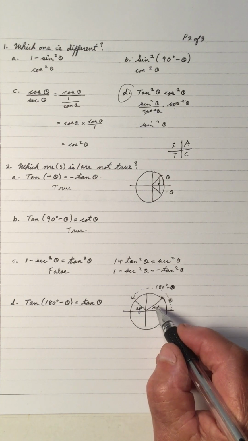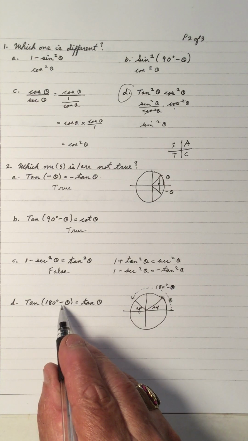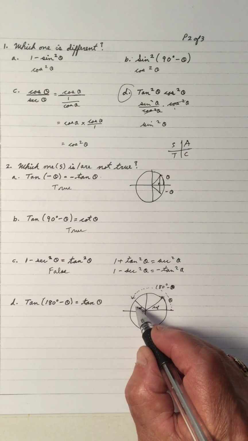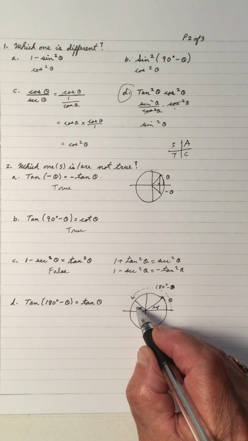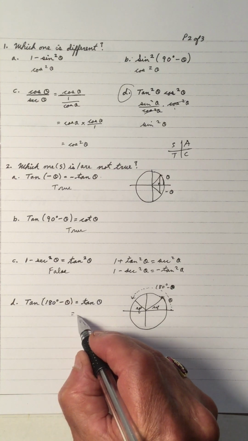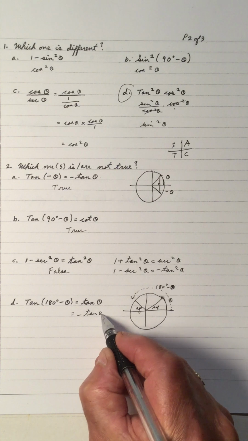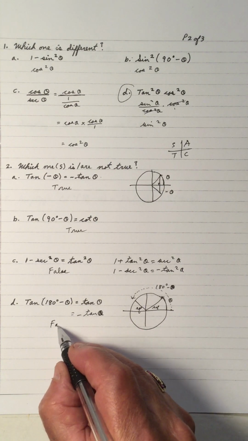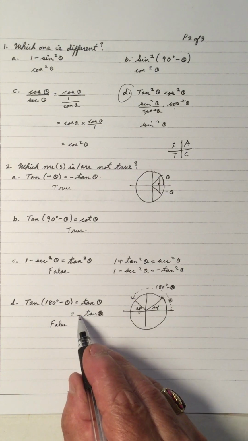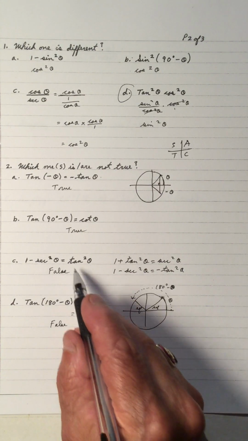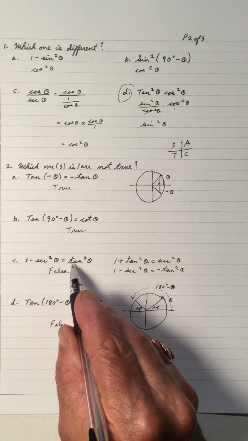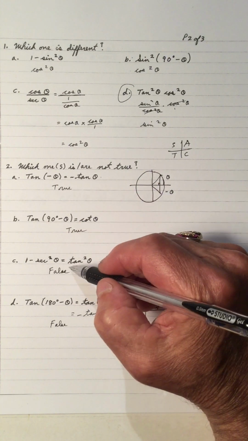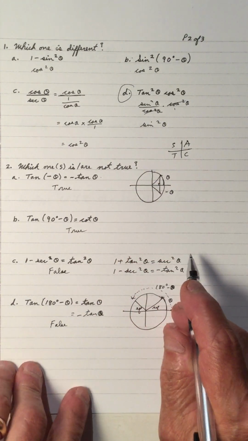So there's no change in 180. But tan is positive in 1, and tan is negative in 2. So that's equal to negative tan theta. So that's again false. There should be a negative tan theta, and this should have been a negative tan here also. So these two are true and these two are false. So C and D are the ones that are not true.